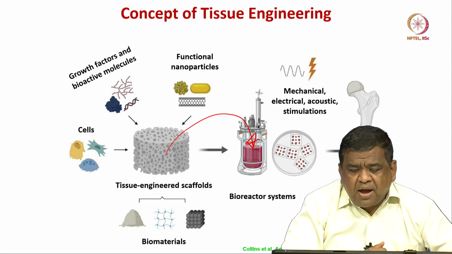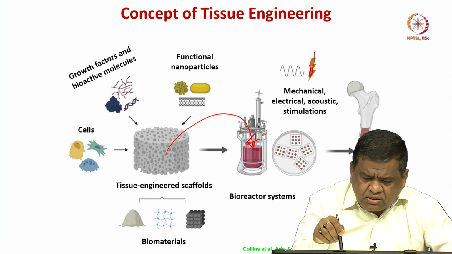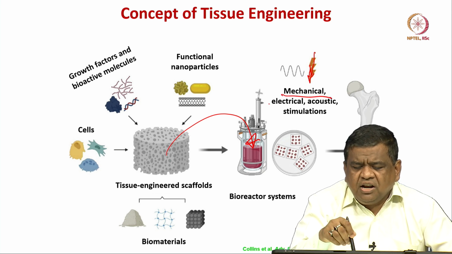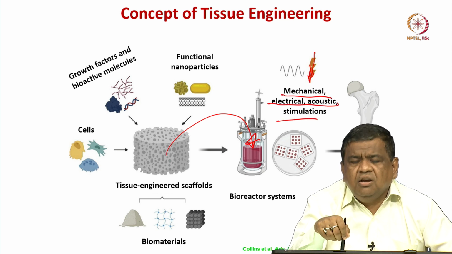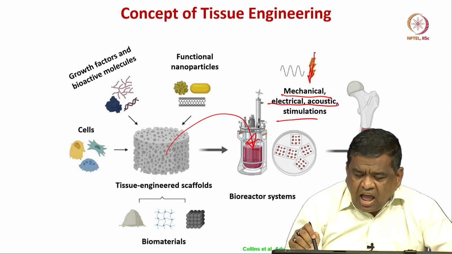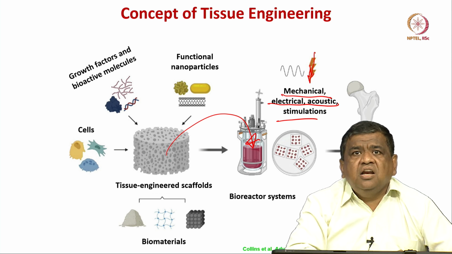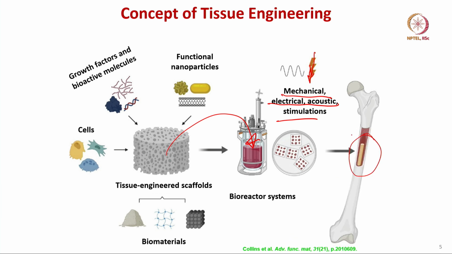Now, when the tissue is matured, you apply mechanical, electrical or acoustic stimulation to these printed scaffolds, and then you implant them into, for example, bone. So, this is a perfect example of the bone. This process is considered 4D bioprinting.